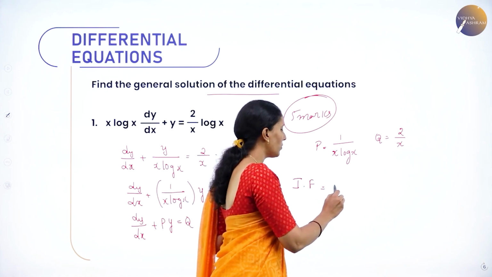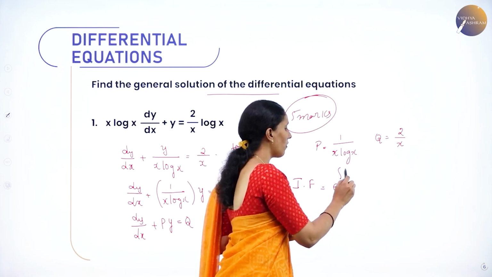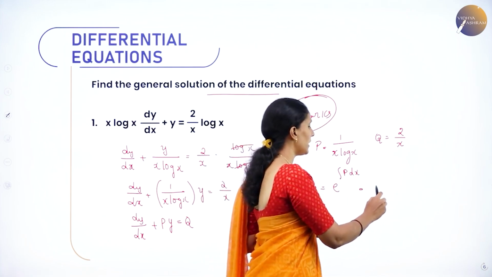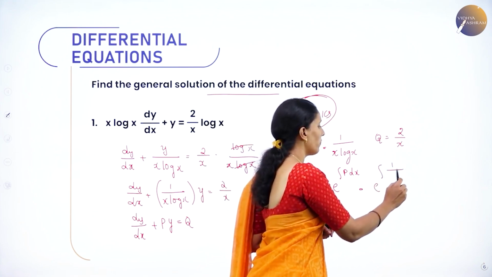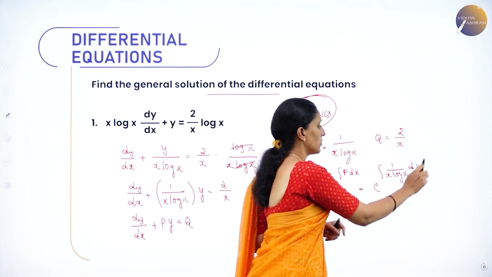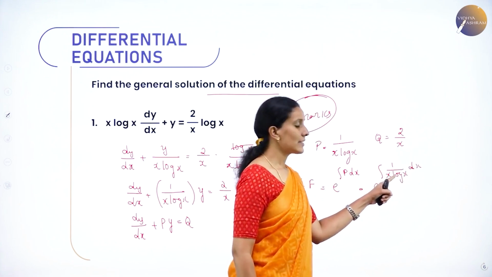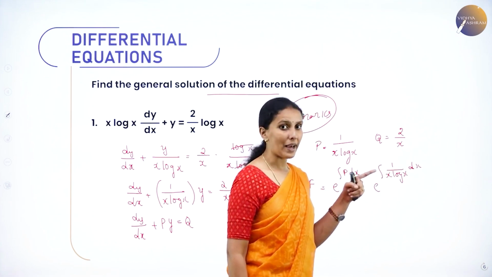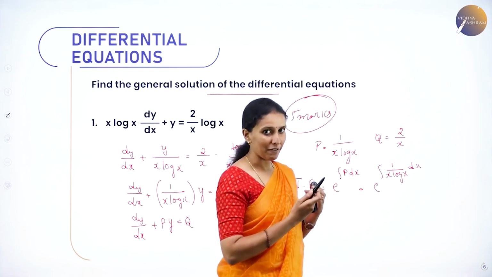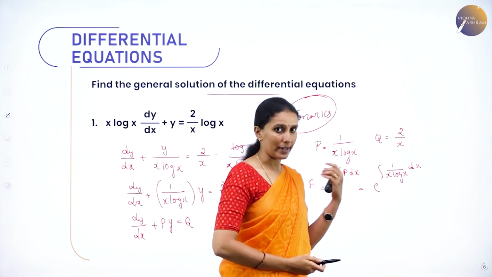It is equal to e to the power integral of p dx. So what is p here? It is 1 over x log x dx. So we already know log x is f of x, 1 by x is f dash of x. So whenever the integral is in the form of f dash of x by f of x, it can be written as log f of x.